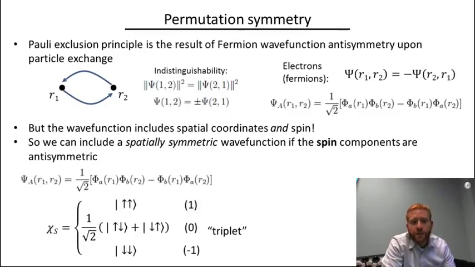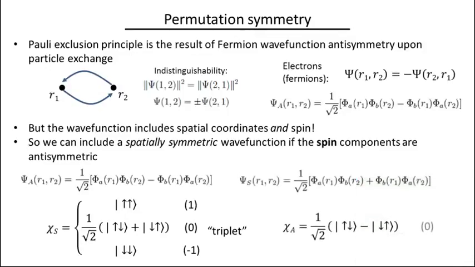These three states are therefore called a spin triplet. If we have a spatially symmetric wave function, then the spin wave function must be antisymmetric. There's only one way to do this with definite total spin along the z-axis, a single state with 0 total spin. This is called the spin singlet.